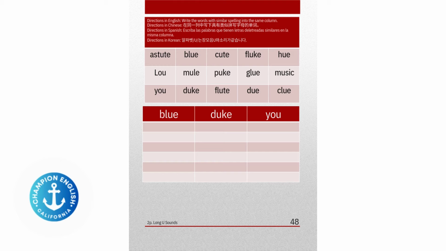And students, time is up. Why don't we go to the next page to see how you did? Okay, so let's stop right here and I'll see you in the next page.